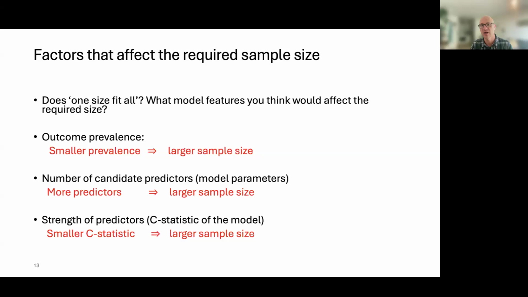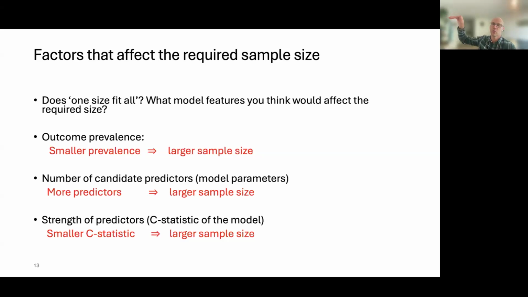And then the last part, which is less intuitive, is that it relates to the AUC or the C statistic or C index. Imagine you knew where your C statistic would plateau for a model.